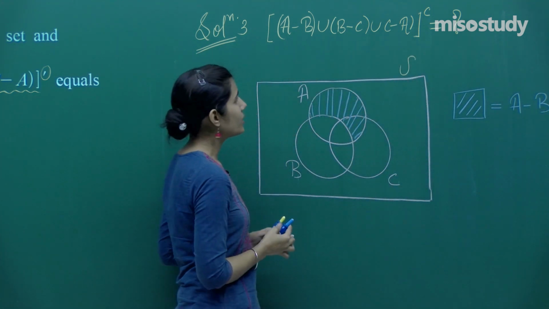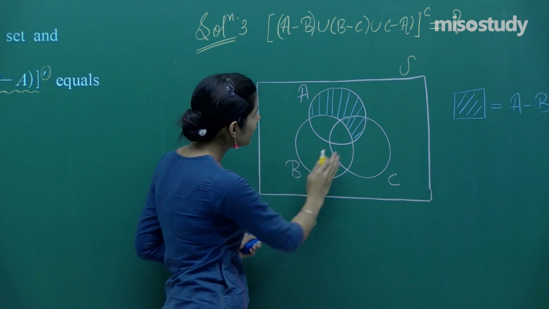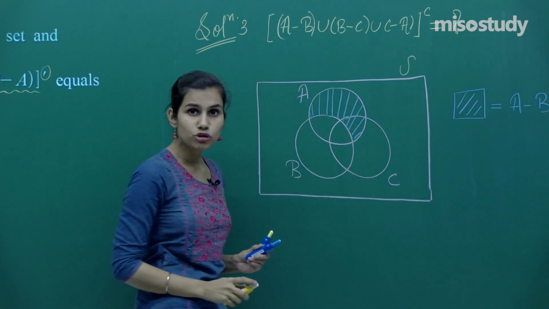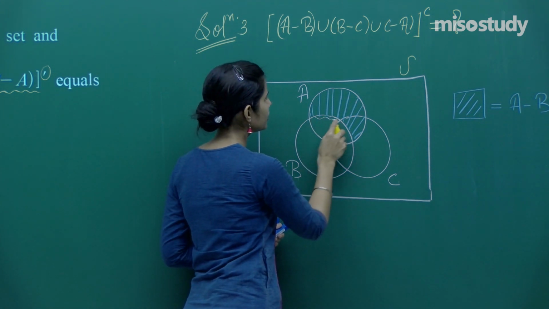The next that the question is asking us to shade is B minus C. From B, remove the contribution of C. What you will obtain is this particular portion.